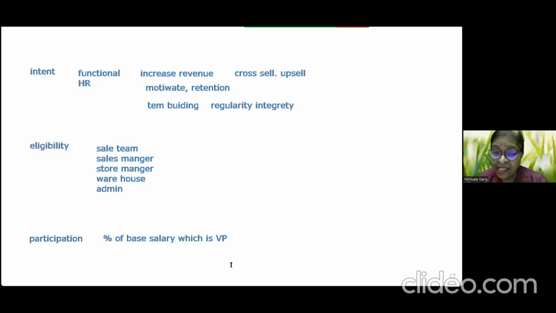Whereas for a sales guy, the more he sells, the more revenue he can make. Because there is that possibility, I have to have a higher percentage of variable pay. That means I can have even 30%, or even 40%.